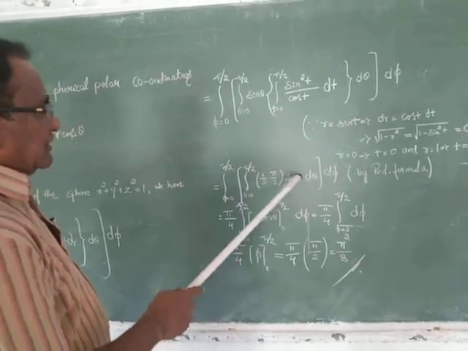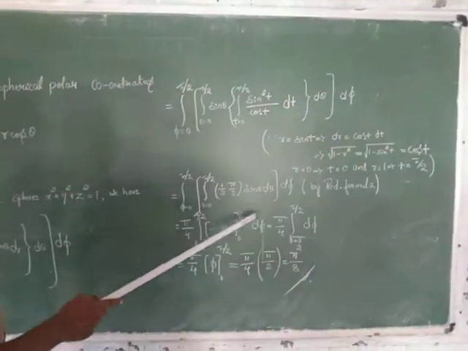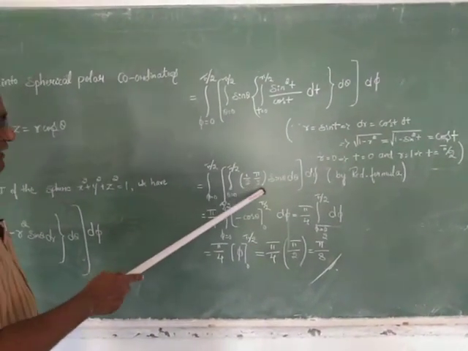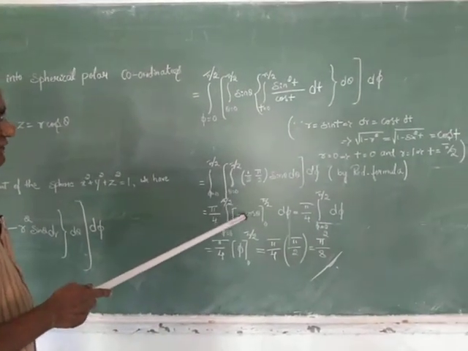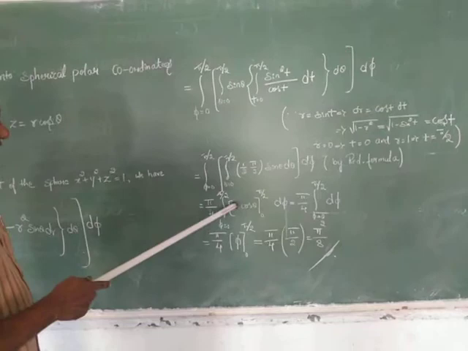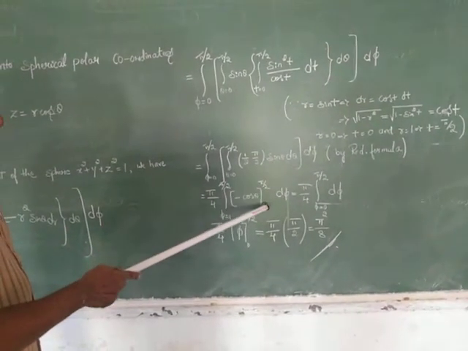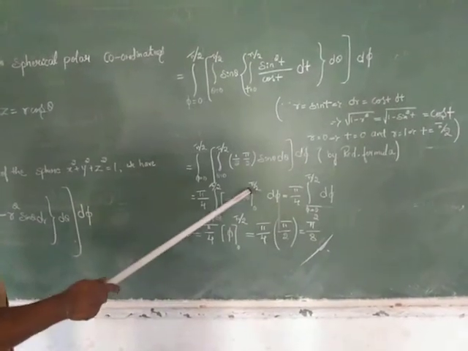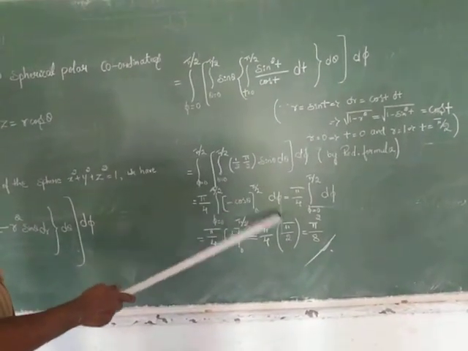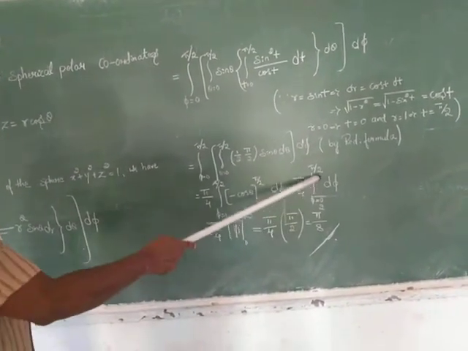Now we integrate this with respect to theta, taking this pi by 4 outside. Integral from phi equal to 0 to pi by 2, integration of sin theta is minus cos theta, limits from 0 to pi by 2, into d phi. If I substitute these limits, we get 1.